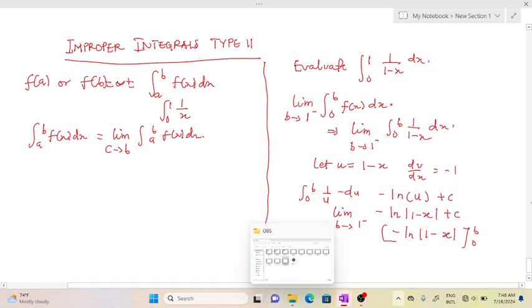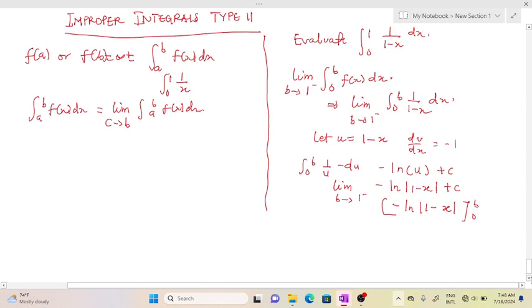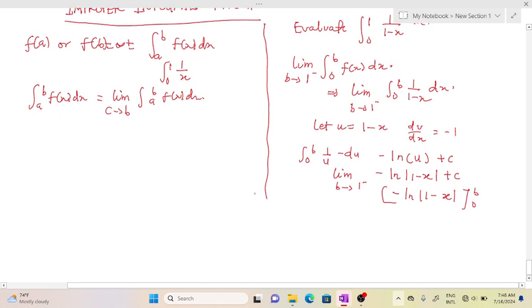So I'm going to have my limit as b approaches 1 from the left of, when I put b inside, negative natural log of the absolute value of 1 minus b.